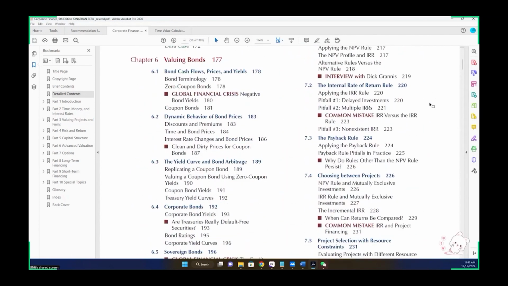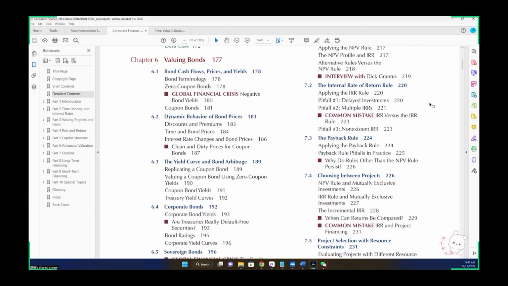And then in chapter 6, we had a discussion about the bonds. And you find the value in bond is very simple, because the bond is just the same as what we have done in chapter 2 or chapter 3 about the time values.